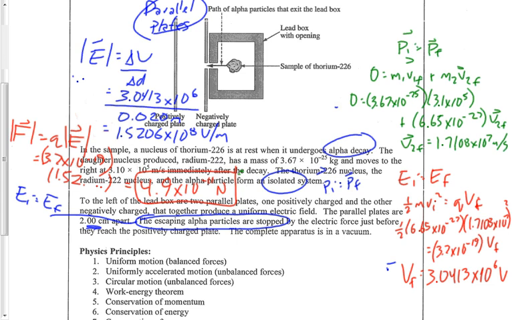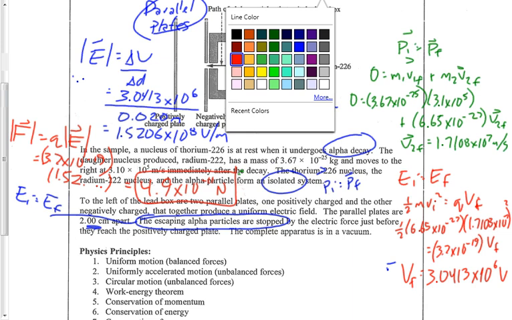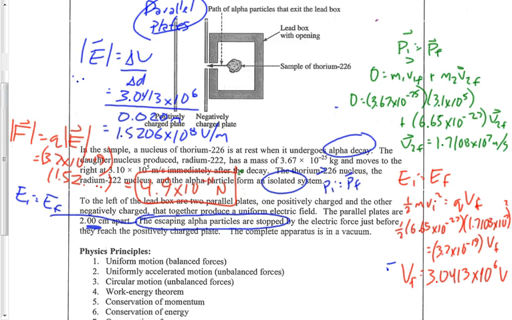Now, that's not the only way to solve this problem. We have to do EI equals EF, whatever's in green there. I don't see any other option for that. But there's another option past that. I'm not going to actually solve the other option, but I'll just write down what it would be.